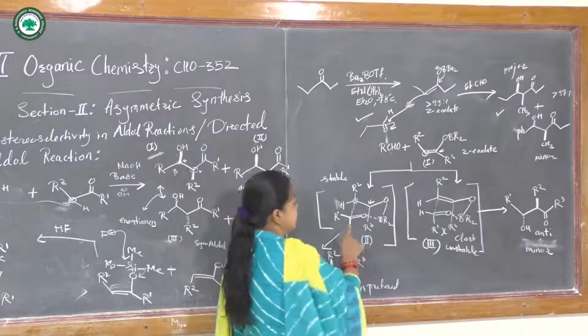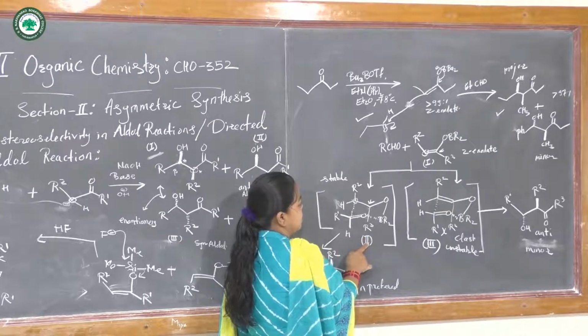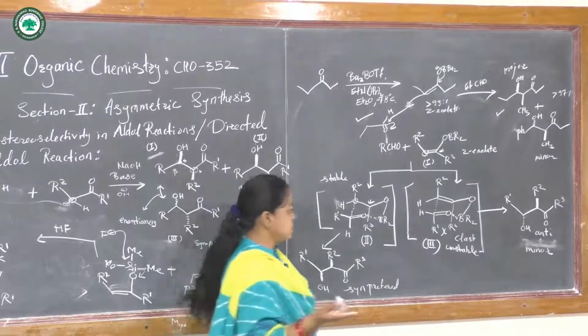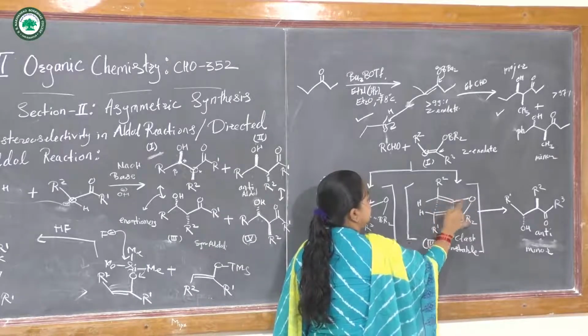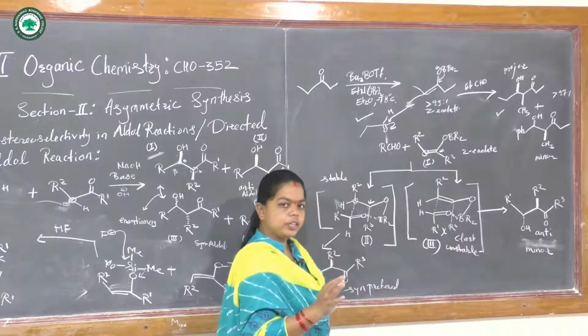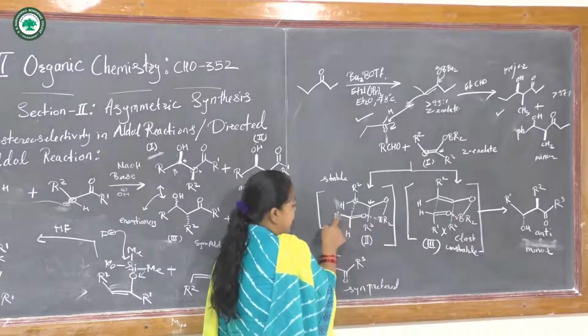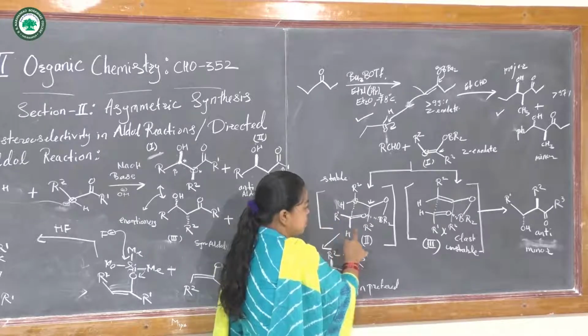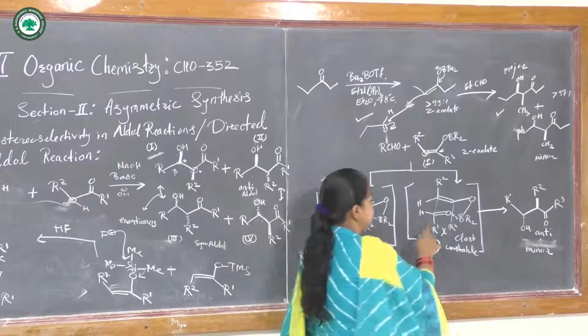So we observe this first transition state, and another possible transition state is one in which the Z enolate has the same orientation, and we change only the orientation of the aldehyde. Here the aldehyde R1 group is above the plane and hydrogen is below. Here hydrogen is above and R1 is below. So in this case what happens?